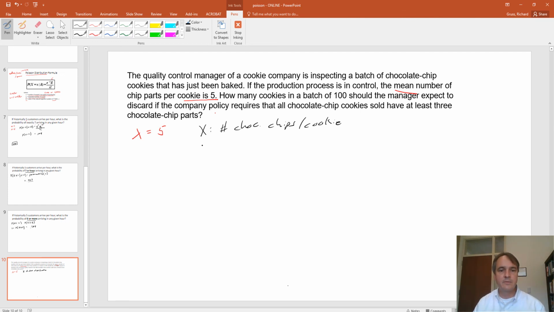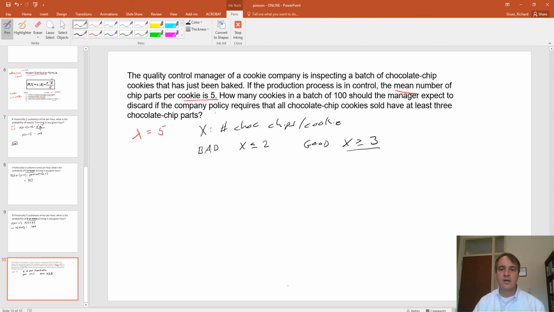How do we define what we throw away? What makes a bad cookie? Good means that x is greater than or equal to 3, so at least 3. The opposite of this, because it's discrete, is x less than or equal to 2.